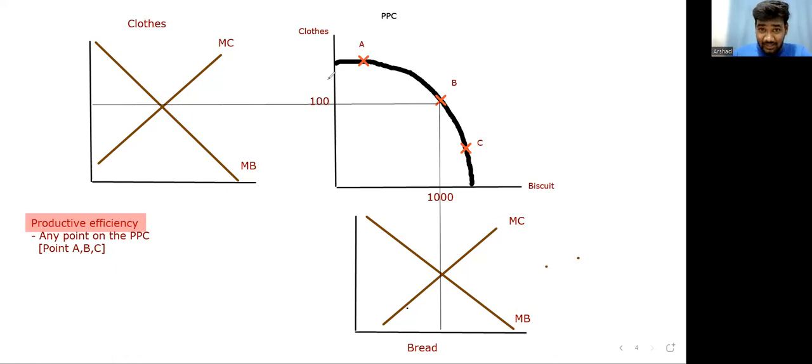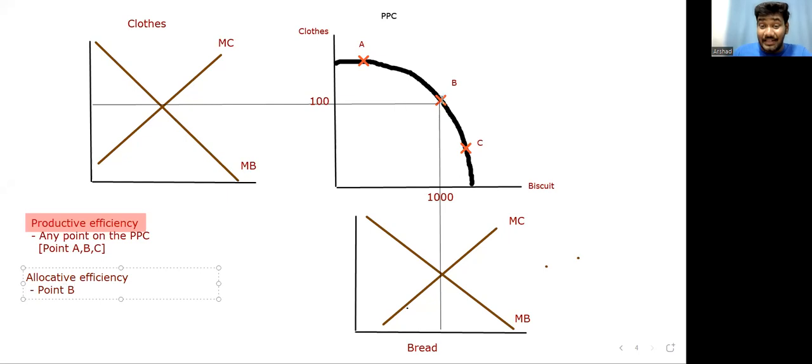But which point represents allocative efficiency? At which point are we producing what society actually wants? It's point B, guys.